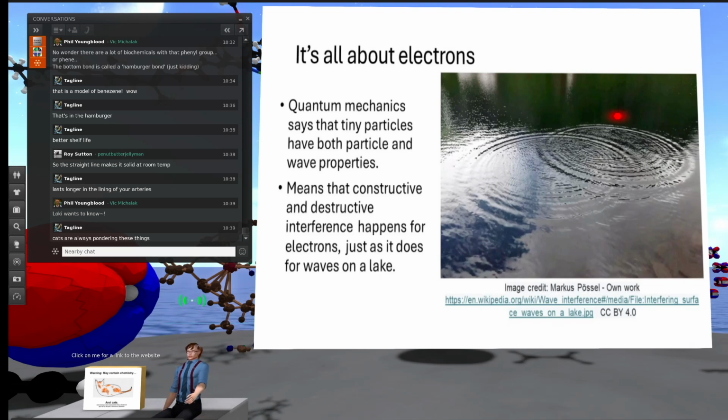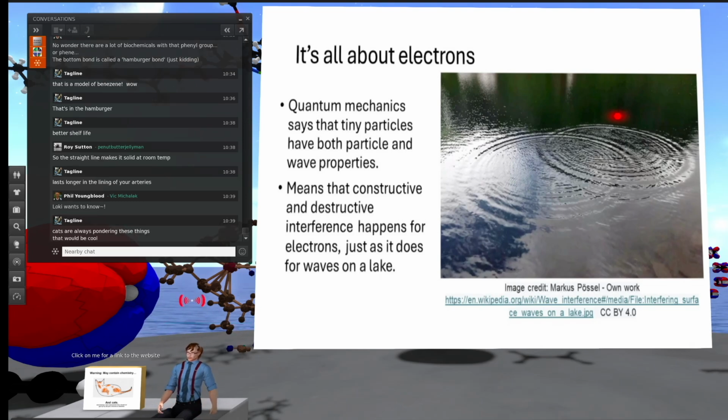Think about sitting by the edge of a pond and watching the ripples in the pond. The ripples that you see in this slide, this is actually beautiful because you can see two sets of waves. Presumably, two stones have just been thrown in, and you can see an interference pattern as the waves travel through each other.